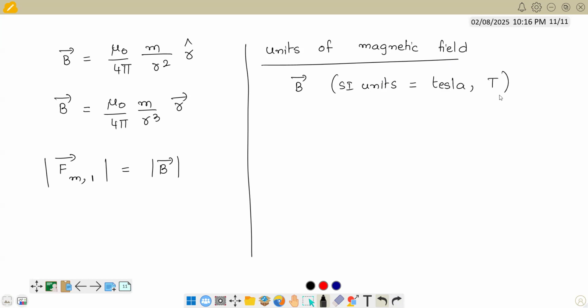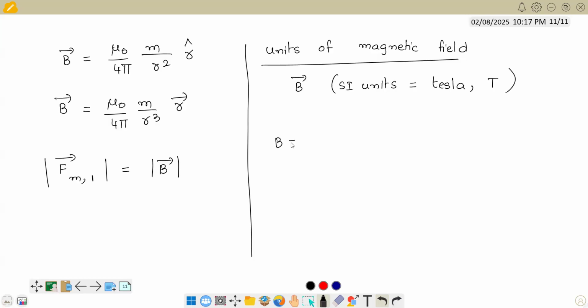You can use capital T. Remember, whenever you write any unit in full form, everything has to be small. And if it is a scientist's name, in shortcut it has to be a capital letter. For example, Newton: in full form I write Newton, and in shortcut I write capital N. So the SI unit would be Tesla, and it would be T.